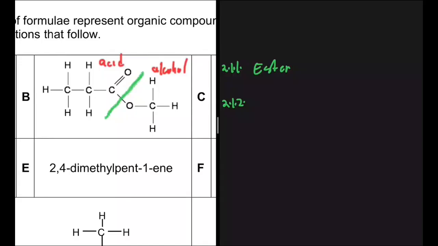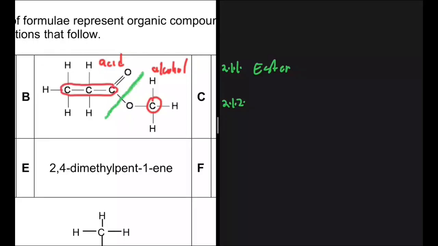So let's look at our alcohol. Our alcohol that was used in making this ester is methanol. Why are we saying it is methanol? Because of this single carbon right here. And the acid that was used to make this ester is propanoic acid. Why are we saying so? These 3 carbons that we have there.